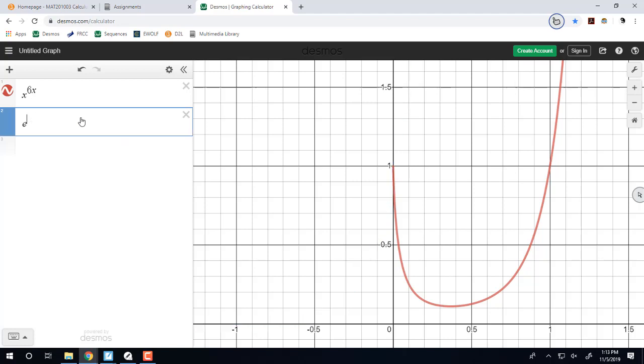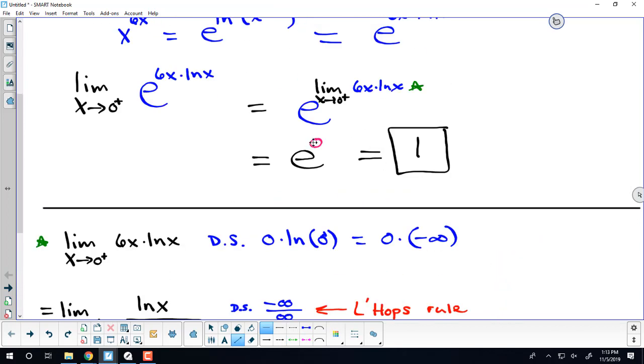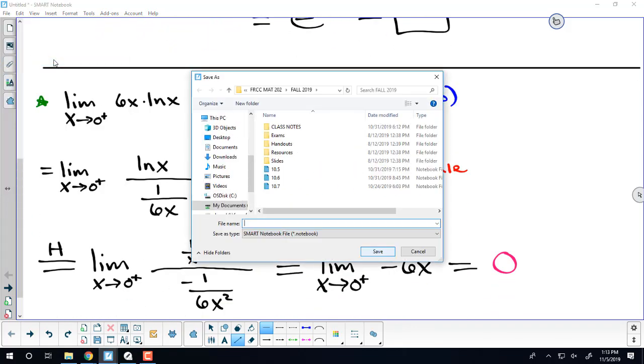It's the same function, written out exponentially. It's not defined at 0 because the natural log isn't defined at 0. So we have a hole there at 0, 1. As x approaches 0, y approaches 1. So no more homework questions?